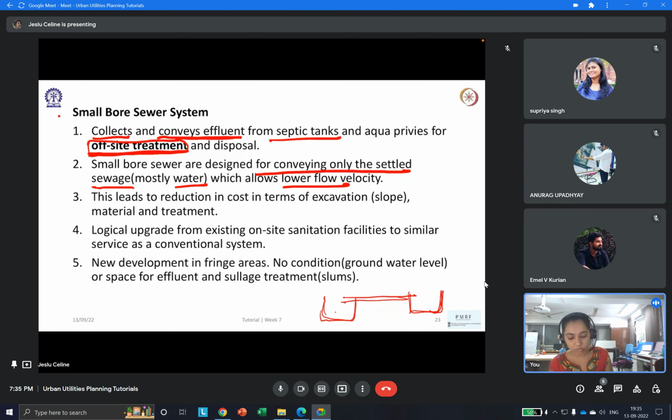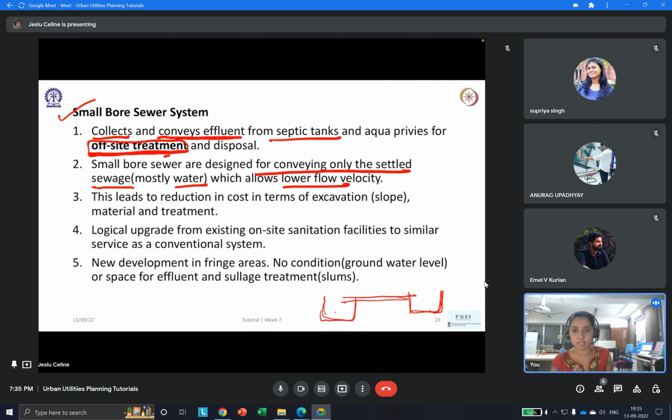We have also learned why it is useful, because it basically combines the central or completely decentralized system. It is a mix of on-site system and completely off-site system. It somewhere lies in between.